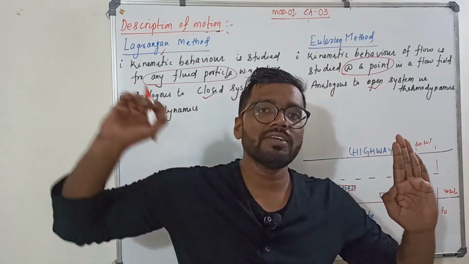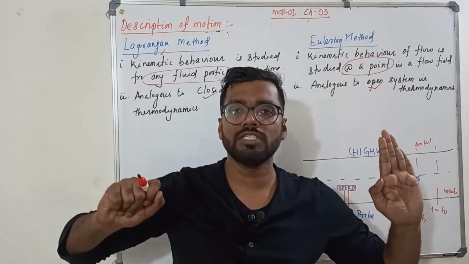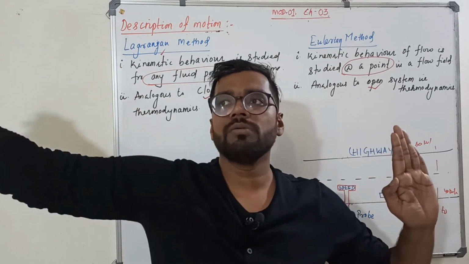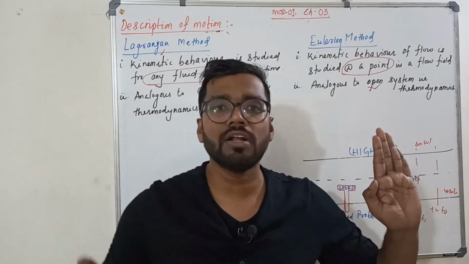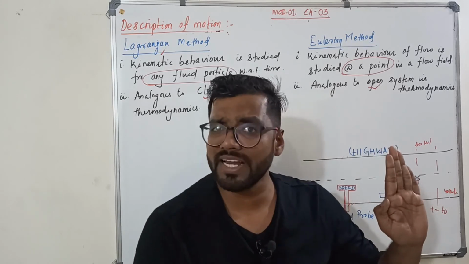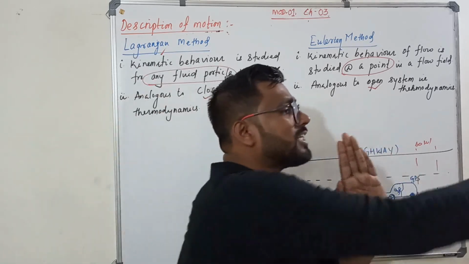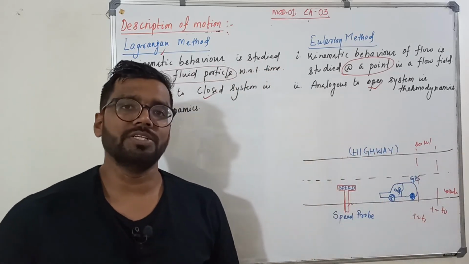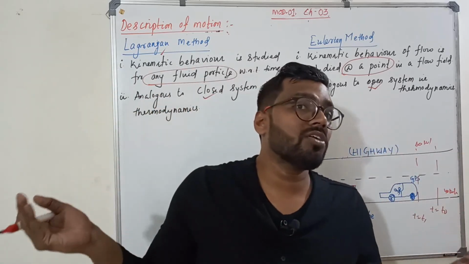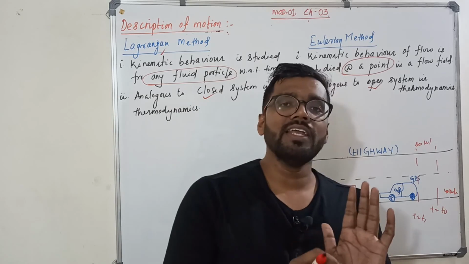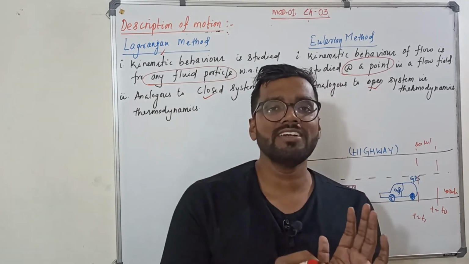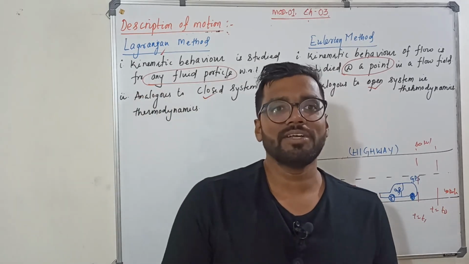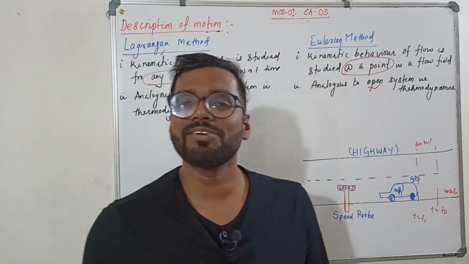They don't care whether before that you were traveling at 40, 80 or 100 km per hour. While crossing that speed probe, zoom, at what speed you crossed is all that matters. If you have crossed the speed limit, then a nice challan will come to your address because of overspeeding.